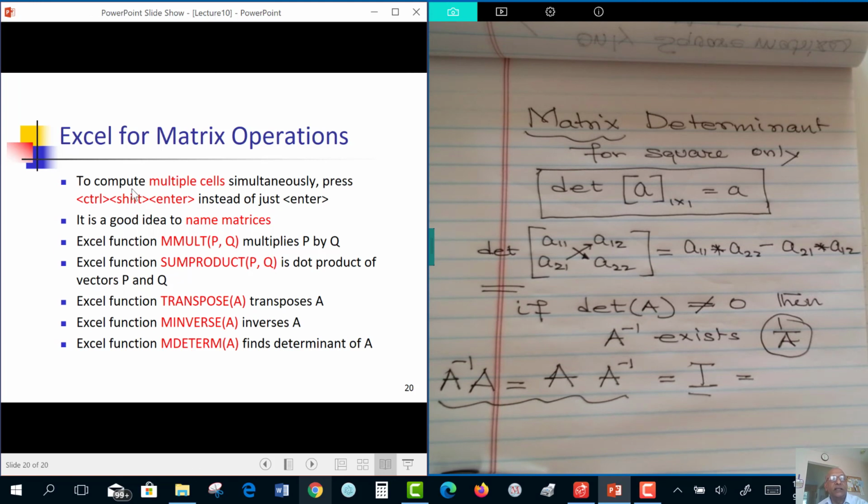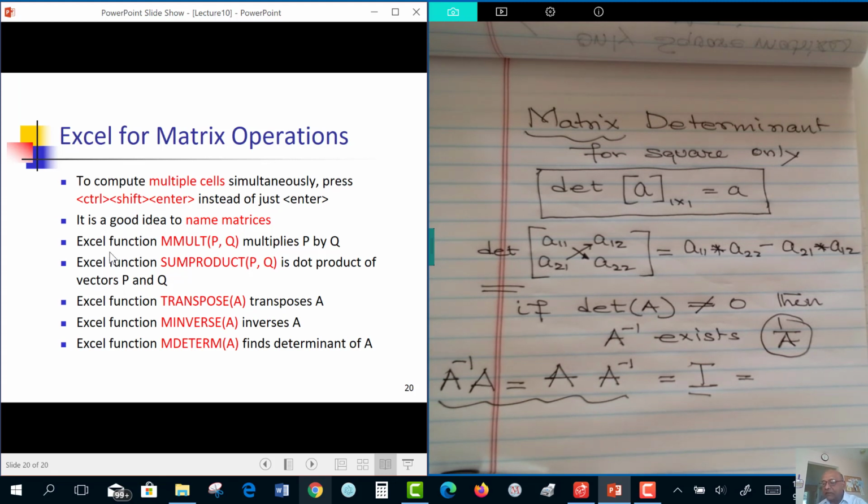The only thing is, a matrix consists of multiple cells. Whenever we are dealing with one cell, we press enter. Now, once we select multiple cells, we'll have to hold down control, hold down shift, and then press enter. Since we'll be dealing with lots of cells, it's a good idea to name matrices.